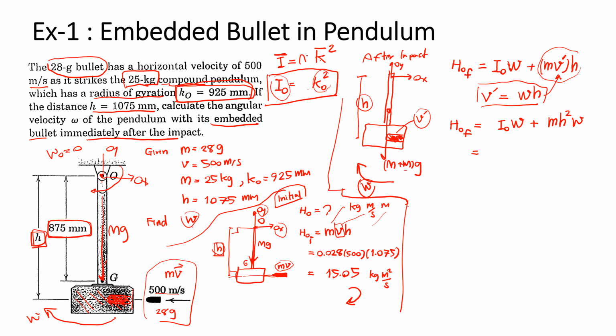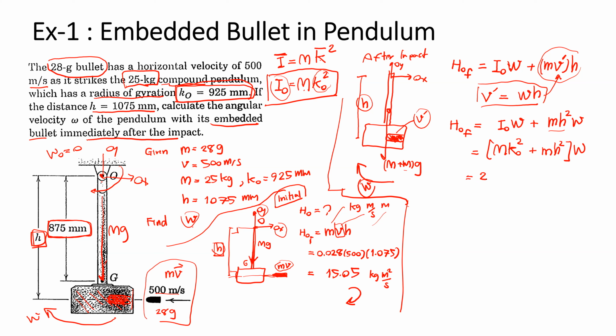To avoid confusion, the moment of inertia is obtained from the mass of the pendulum multiplied by the radius of gyration squared. This is I_O. And the mass of the bullet multiplied by the orthogonal distance from point O squared, and omega. I think we know everything in here.